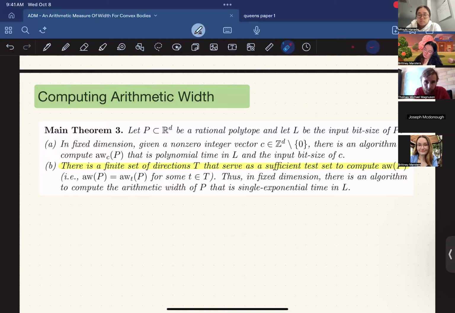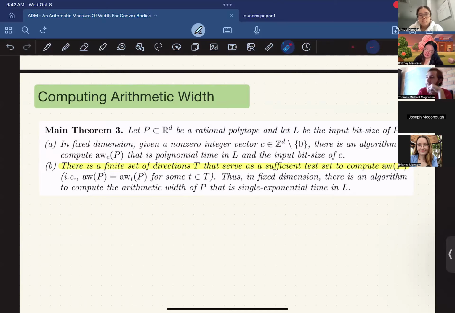It turns out we're only going to get a singly exponential time algorithm because while we can trim down the different directions to test to some finite set, you're going to get a lot of them. In particular, they're going to correspond to the lattice points in this metric difference body. And as you dilate, you can pick up more and more lattice points, right?